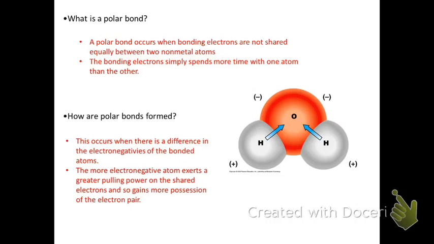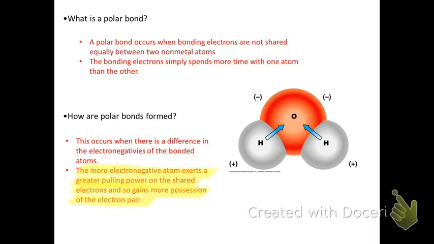And this is going to create a polar bond between oxygen and hydrogen. As stated here, the more electronegative atom exerts a greater pulling power on the shared electrons and so gains more possession of the electron pair. So in water, which element, oxygen or hydrogen, is going to have more possession of those electron pairs? Well, that would be oxygen because it's more electronegative.